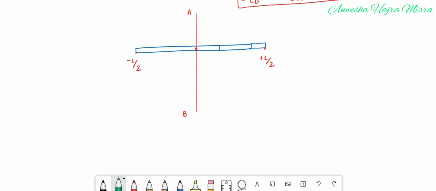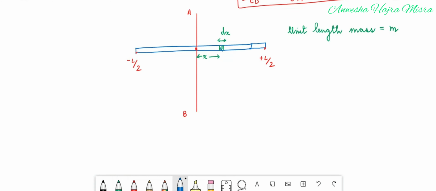I consider a small length here at a distance x. Let this thickness be dx. Unit length mass, let that be small m.